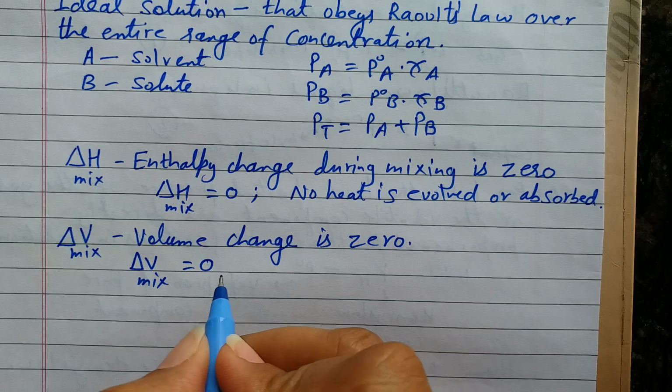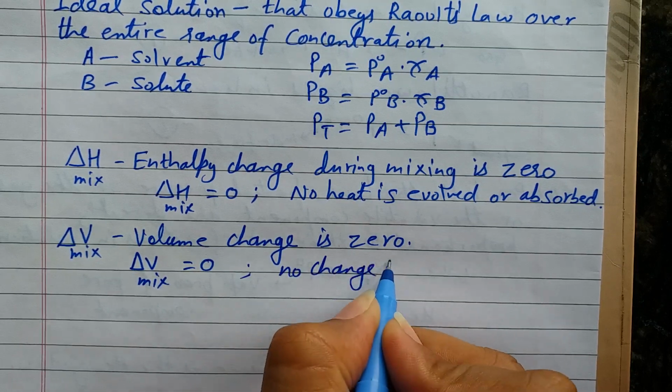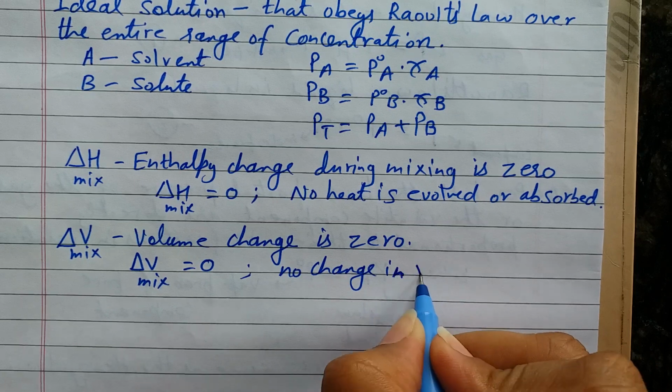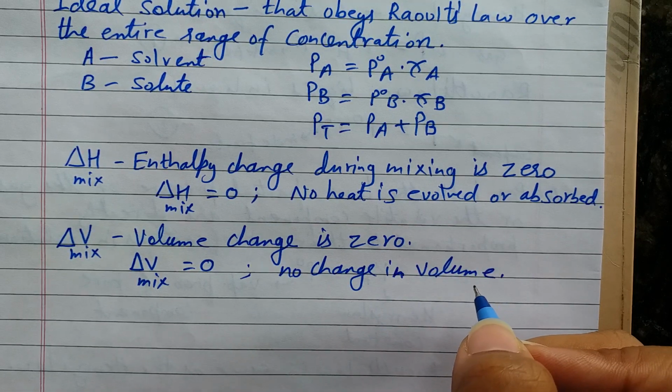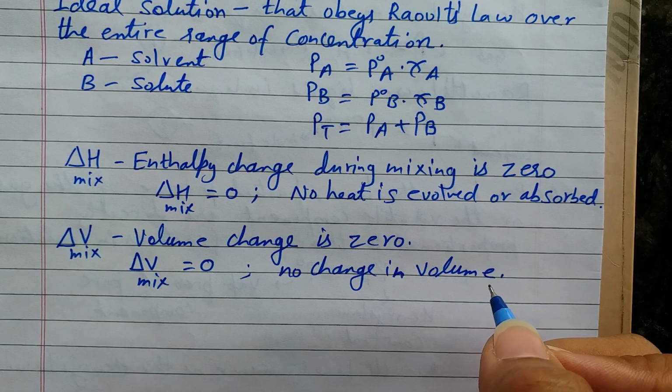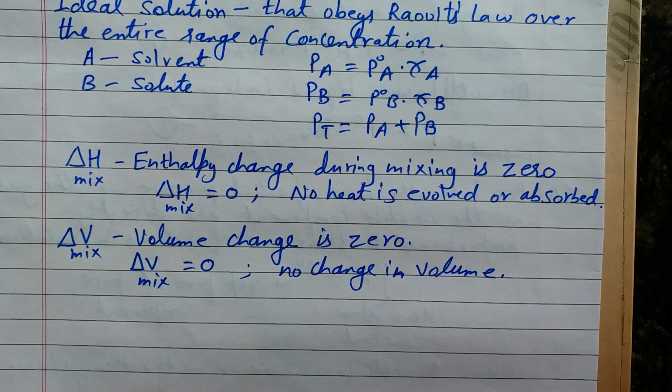What do you understand by this? There will be no change in volume. The total volume before mixing remains the same as the total volume after mixing the solute and the solvent. There will be neither an increase nor a decrease in the volume.